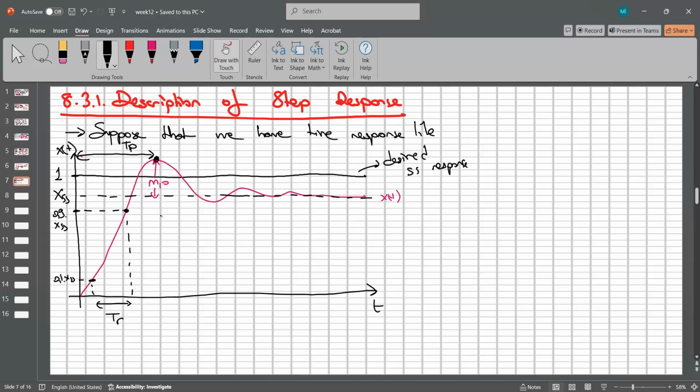If we apply the 1, we need to get the 1, but we don't have it right now. Okay, and so this is the peak time. And also we defined another parameter in here, which we call the T settling time. Okay, because in this case we have some band in here, a band for the settling.